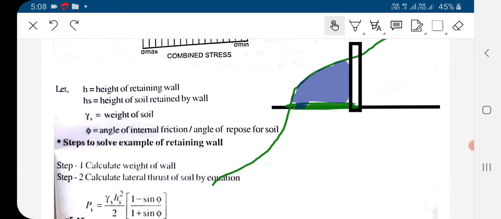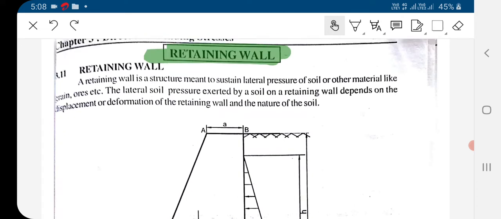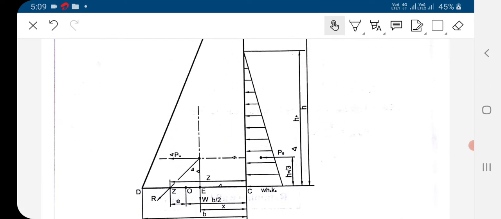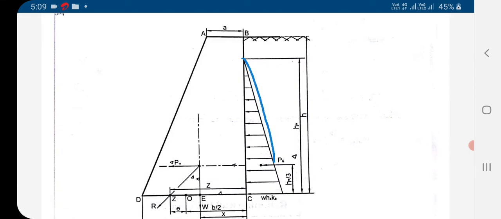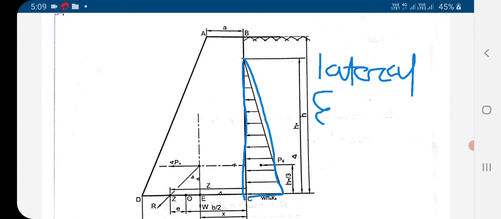Okay guys, so we have to understand the concept of this retaining wall. So what is this retaining wall? Retaining wall is the structure that is basically meant to retain the soil. The soil will exert some pressure over this retaining wall, and that pressure is known as lateral earth pressure.